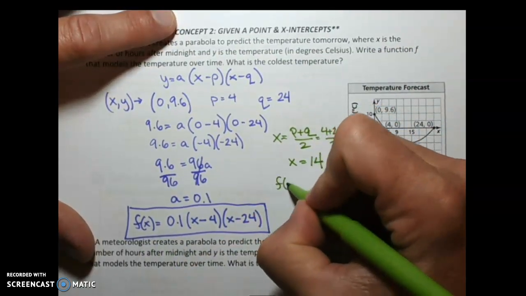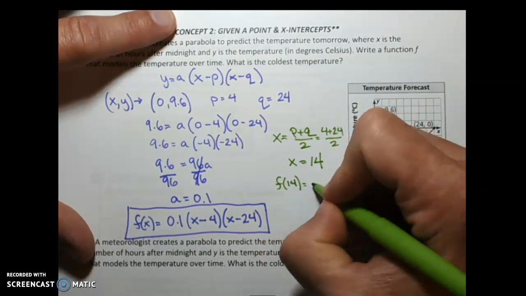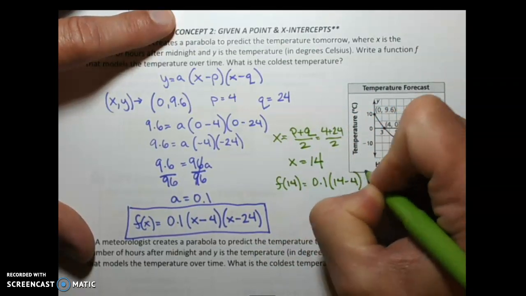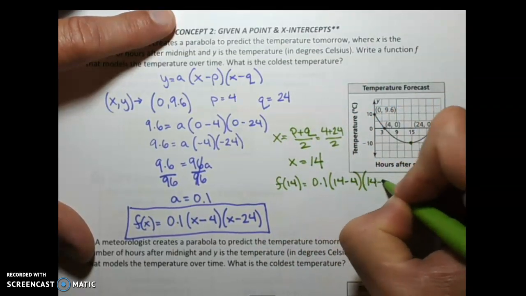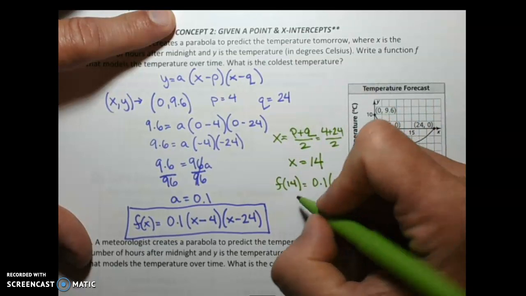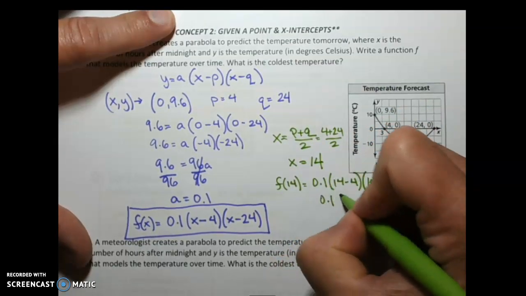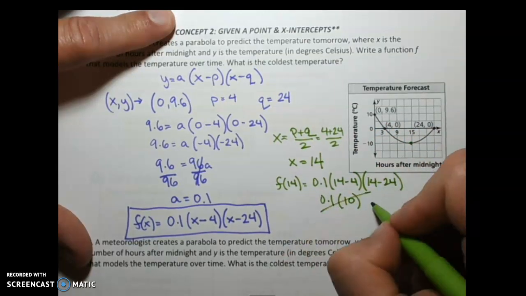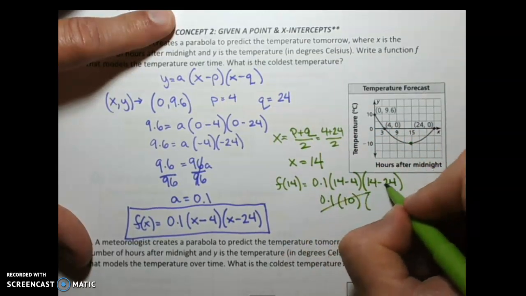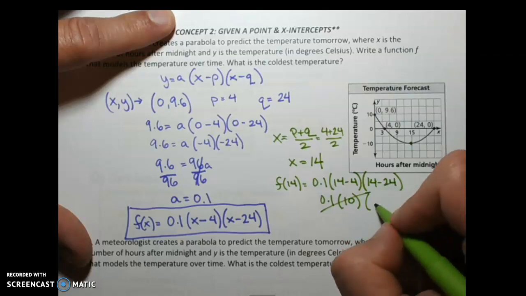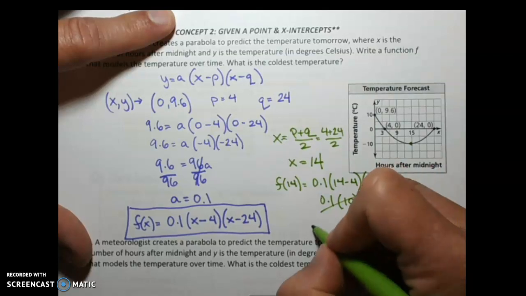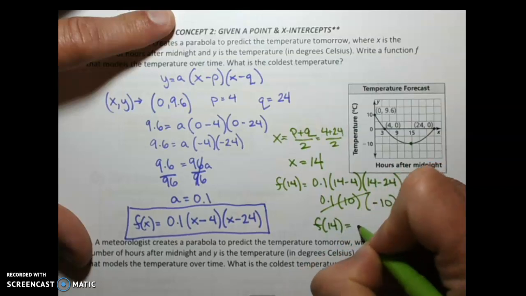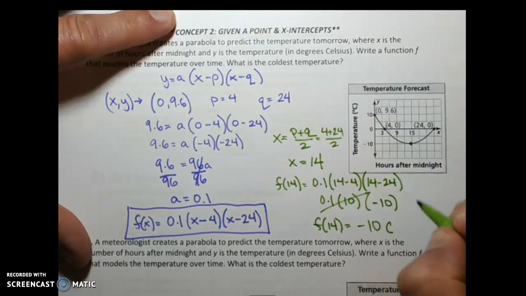So f of 14 equals 0.1 times 14 minus 4 times 14 minus 24. That gives me 0.1 times 10, which cancels out to give me 1, and then 14 minus 24 is negative 10. And that's what I get. F of 14 equals negative 10 degrees Celsius.